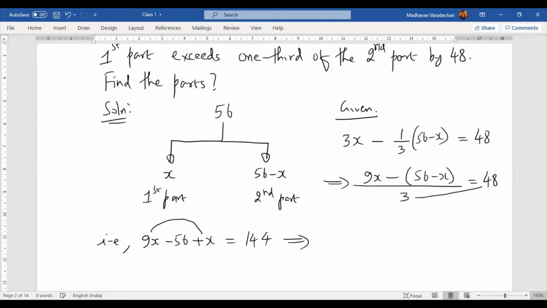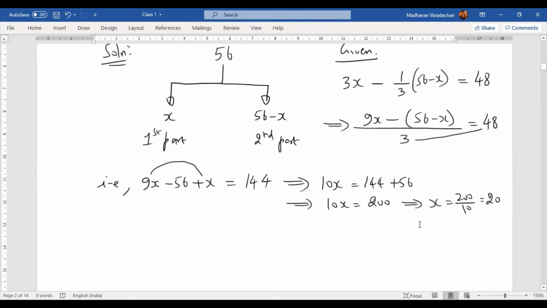These two I can add, so 10x is equal to 144 plus 56, which is 200, so x is equal to 200 by 10, which gives us 20. The first part is 20, and the second part is 56 minus x, which is 56 minus 20, so it becomes 36.